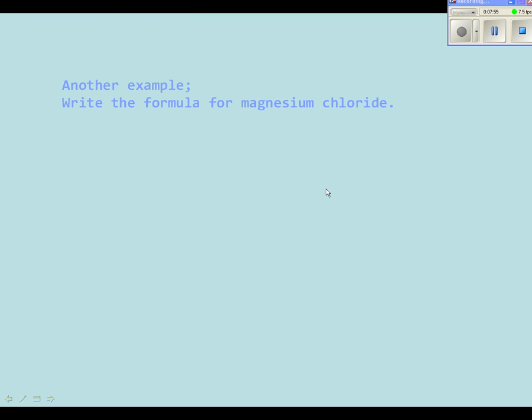If we're asked to write the formula for something like magnesium chloride, again the magnesium ion is double positive, but the chloride ion is single negative. They don't balance. The chloride ion is smaller, it has less charge, half the charge of the magnesium.